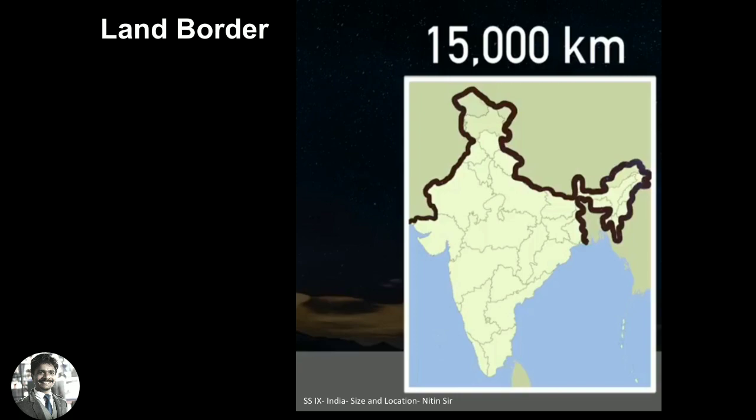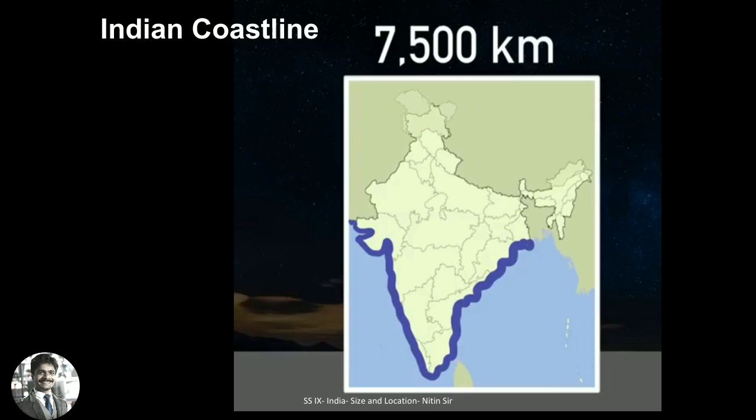India has a total land border of around 15,000 kilometers. This border India shares with other countries including Pakistan, Afghanistan, China, Nepal, Bhutan, Myanmar, and Bangladesh. India has a total coastline of around 7,500 kilometers.